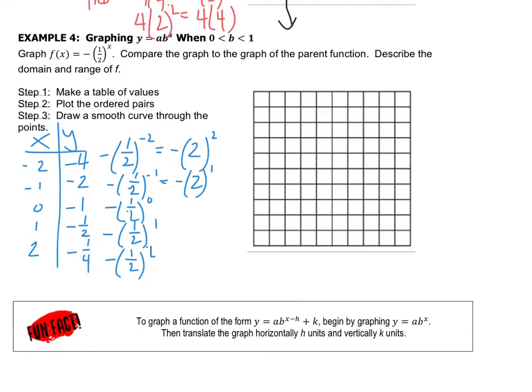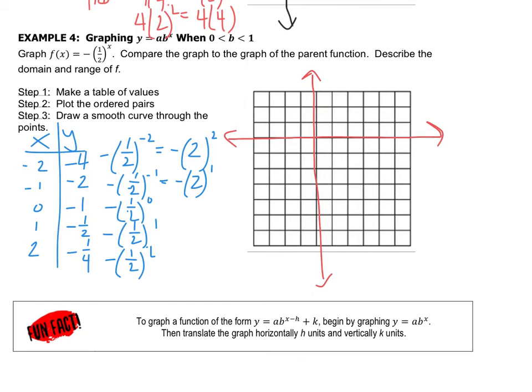So again, we want to draw our axes. Now these numbers are definitely smaller to deal with, so I think I'm going to make this one a little bit more central, but we don't see any positives on our y value, so I'm just going to kind of go like that.